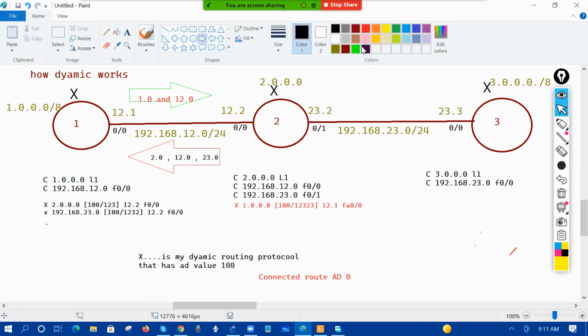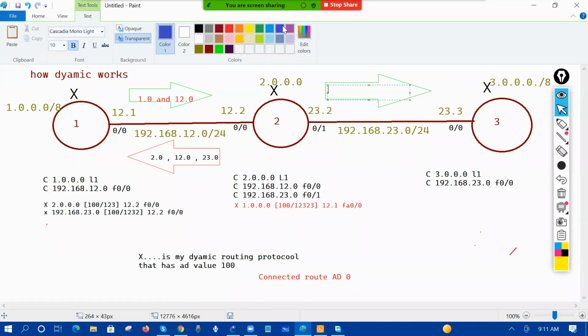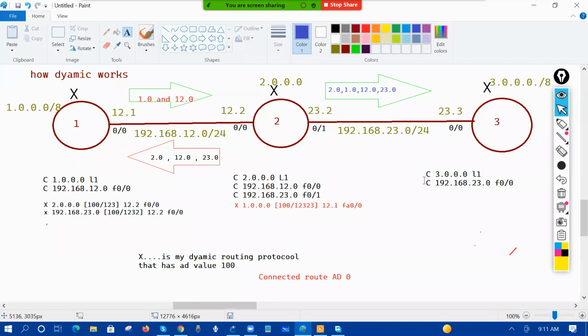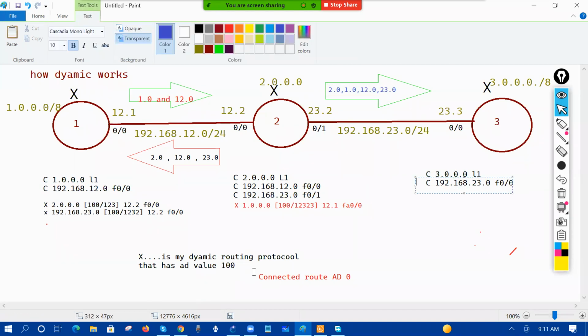Same thing, now R2 is going to share its own information with R3. Which information will it share? All of this information. Hey, buddy, I have something for you: 2.0, 1.0, 12.0, and 23.0. R3 will say, hey, I already have 23.0 as connected with a better AD.